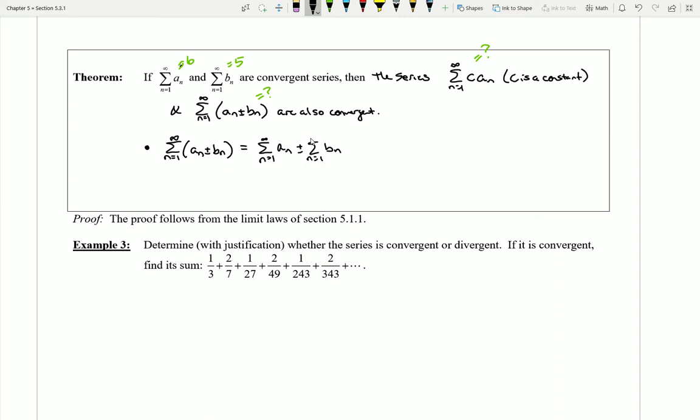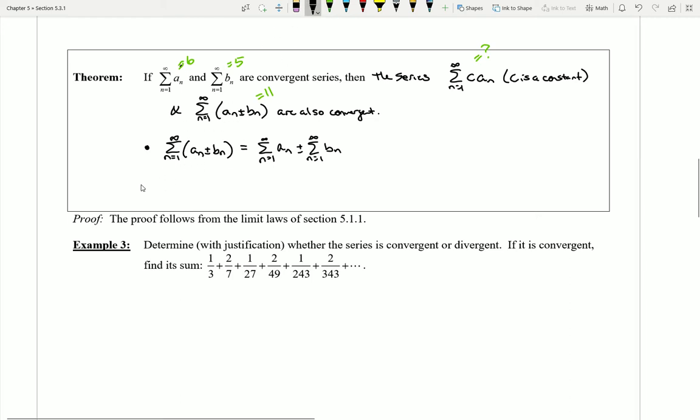So that would mean that if my first series added up to 6 and my second one added up to 5, then this one here, if my two things were added, would have added up to 11, and if they were subtracted, they would have added to 1, right? So I can see here that I either am going to have 6 plus 5 and make 11, or 6 minus 5, which would make 1. And that's going to give me the total value for this series.